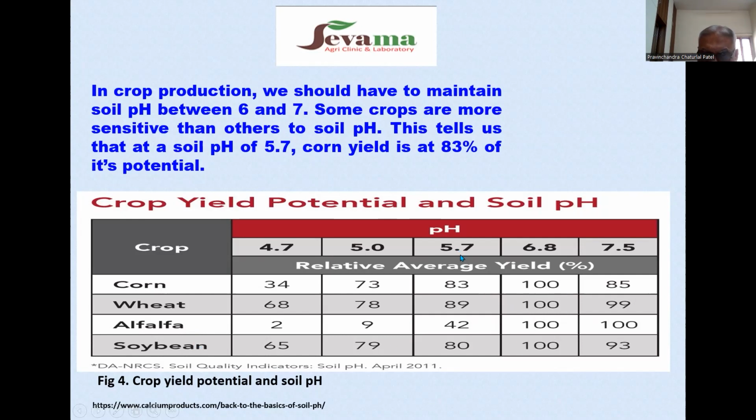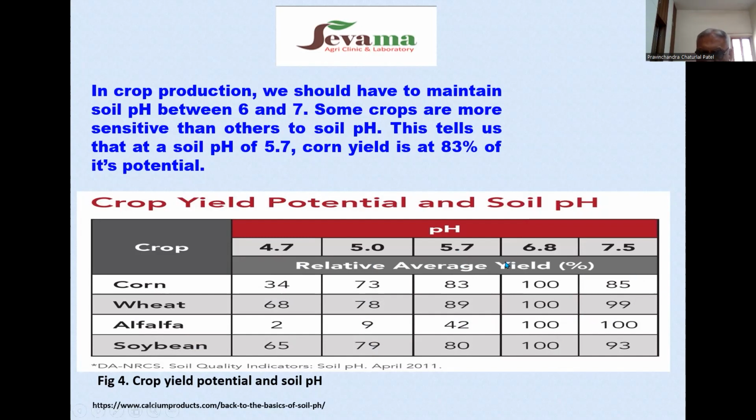But when the pH is 5.7, then crop yield declines. Again, you can see when soil pH is 5, it declines further. In highly acidic soil, corn yield is 34%, wheat 68%, lucerne or alfalfa 2%, and soybean 65%.